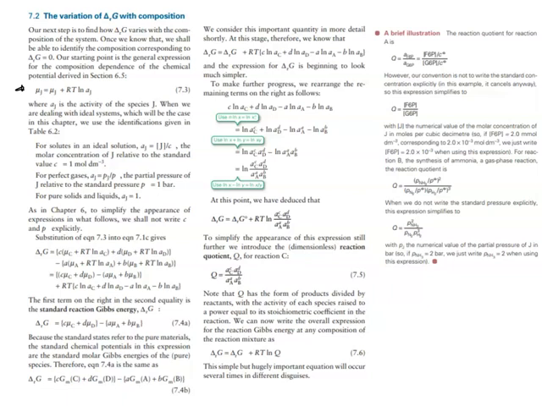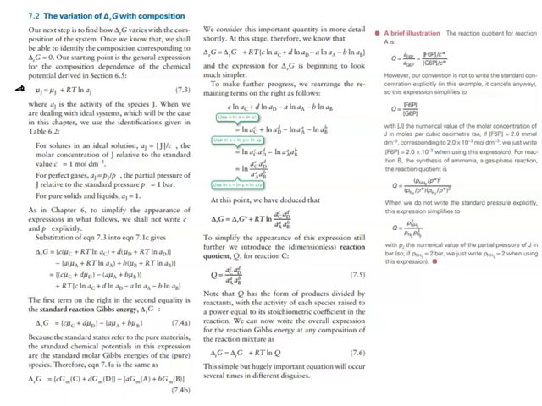When we're dealing with ideal systems, which will be the case in this chapter, we're not going to deal with non-ideal situations here, we use the identifications given in table 6.2, where for solutes in an ideal solution, a sub J equals [J] over c°, the molar concentration of J relative to the standard value c° equals 1 mole per decimeter cubed.